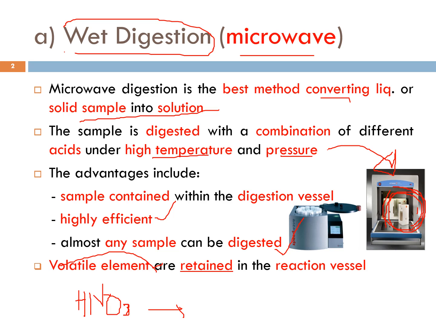Dia akan go aspiration, the suck of the liquid sample into the nebulizer chamber, and dia akan berlakulah proses atomization tu. So before that, your sample must be undergone sample preparation by wet digestion ataupun dry ashing lah.